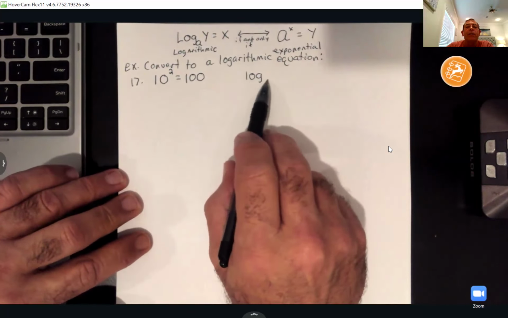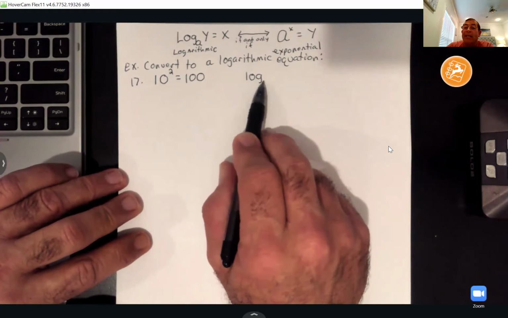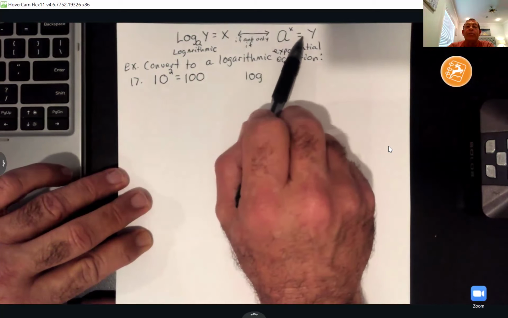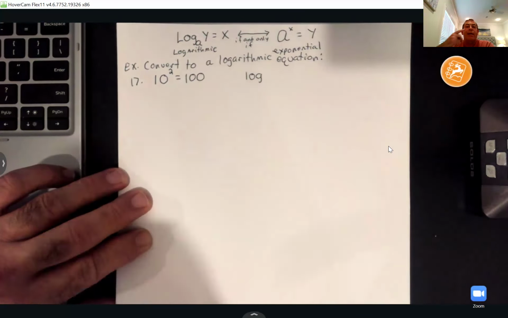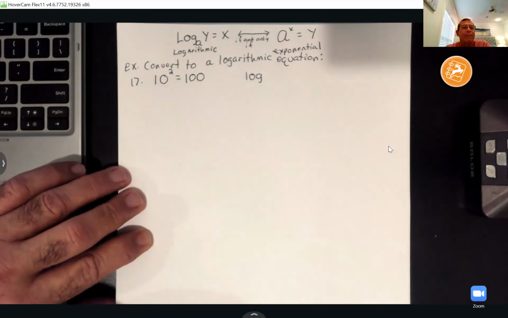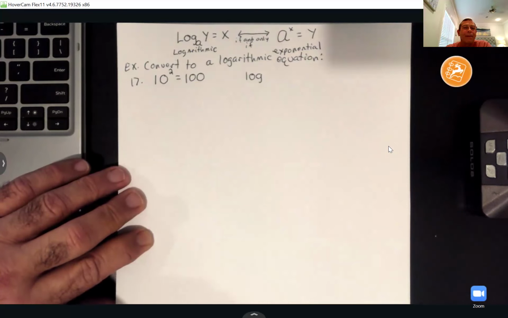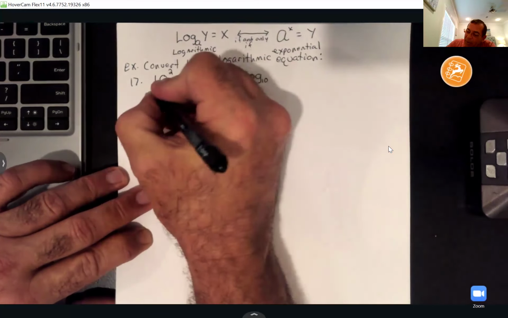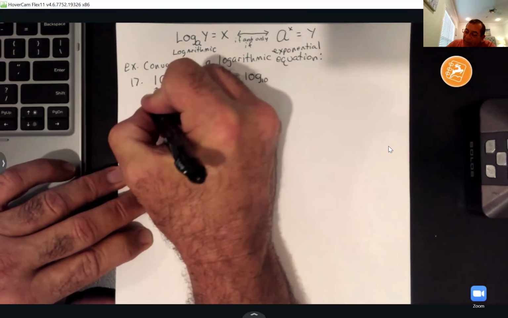So my question is, what would be my base? So I'm starting out this way, going this way this time. So what's the base of this logarithm? 10, good job. So that'd be a base 10. Remember, 10 is the base.